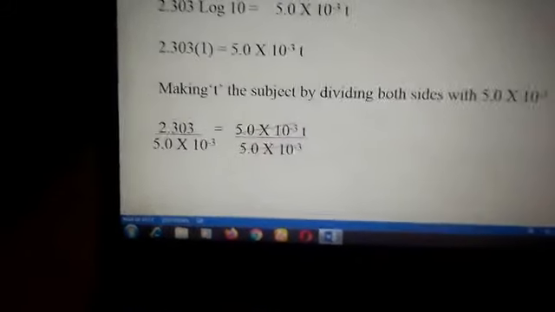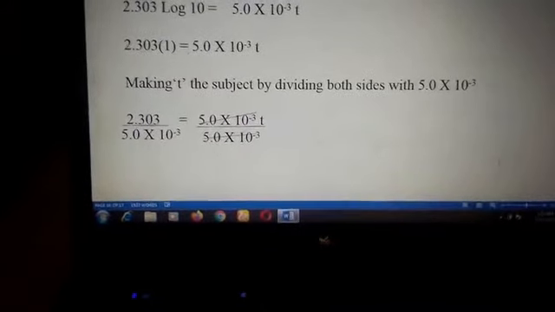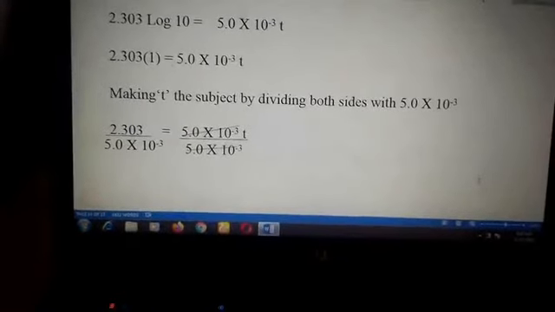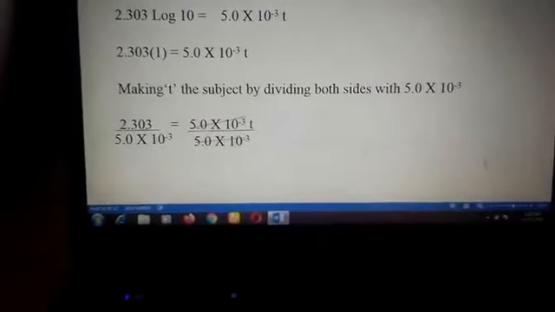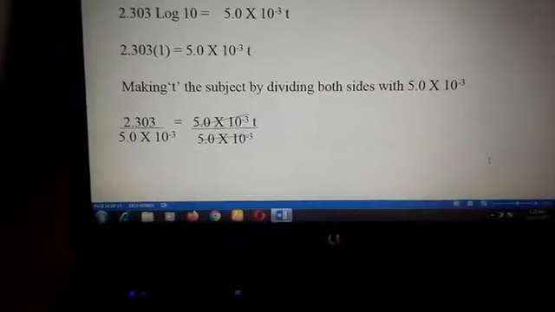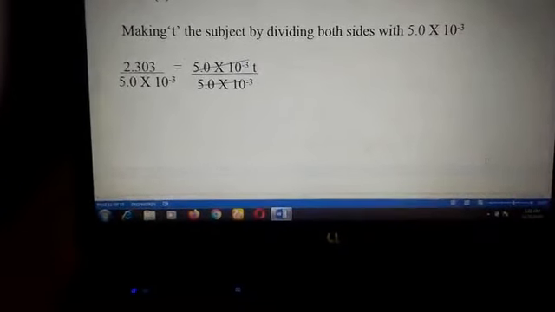The left hand side becomes 2.303 divided by 5.0 × 10^-3, equal to the right hand side, 5.0 × 10^-3 T divided by the same 5.0 × 10^-3. The similar values cancel out, remaining T. So T is 2.303 divided by 5.0 × 10^-3, and you're going to get 460.6 seconds as our time.